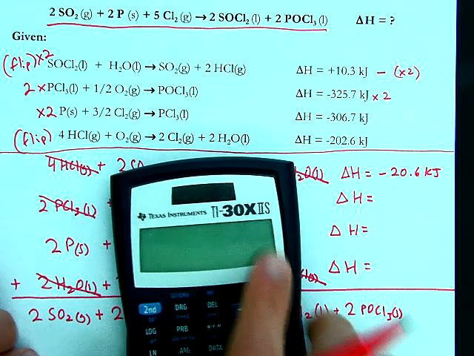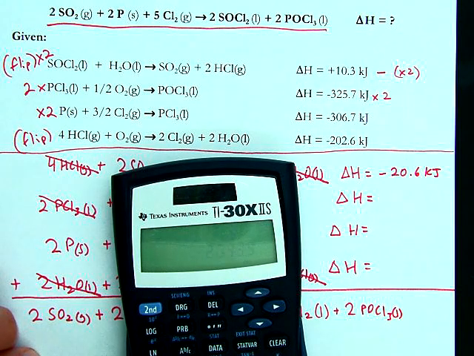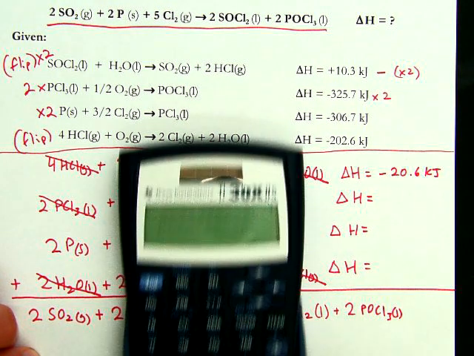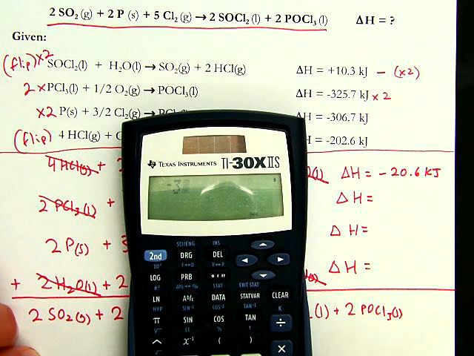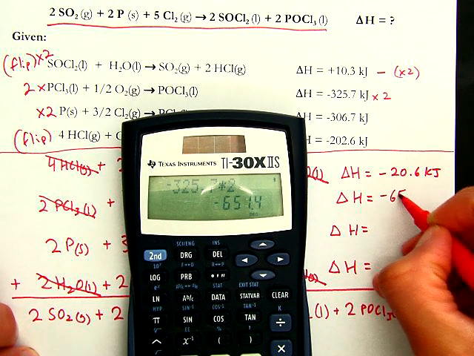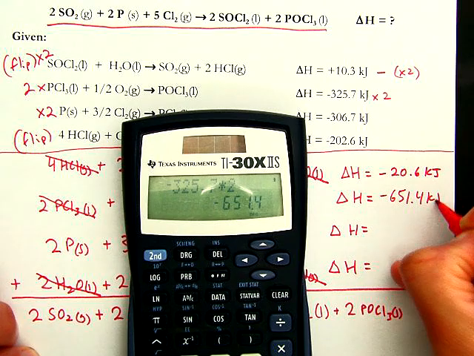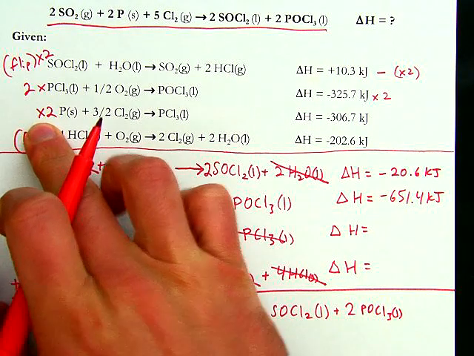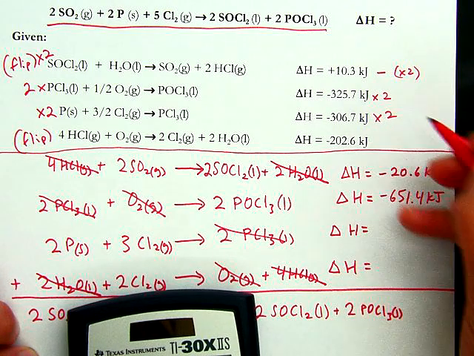So if we do that, that's 651, let's just put it in here, minus 325.7 times 2, minus 651.4 kilojoules.